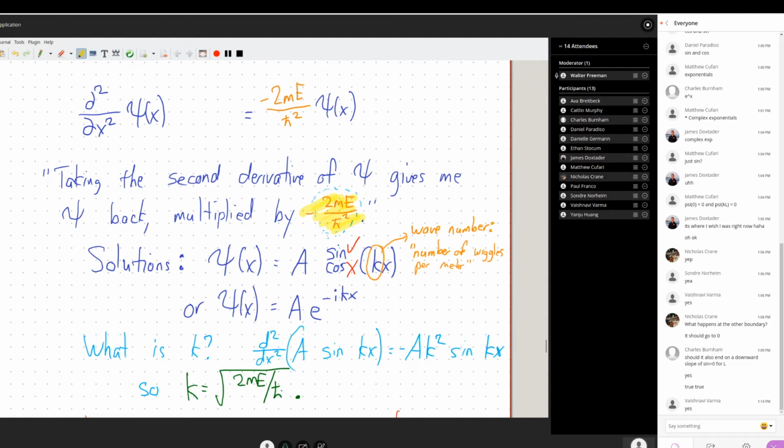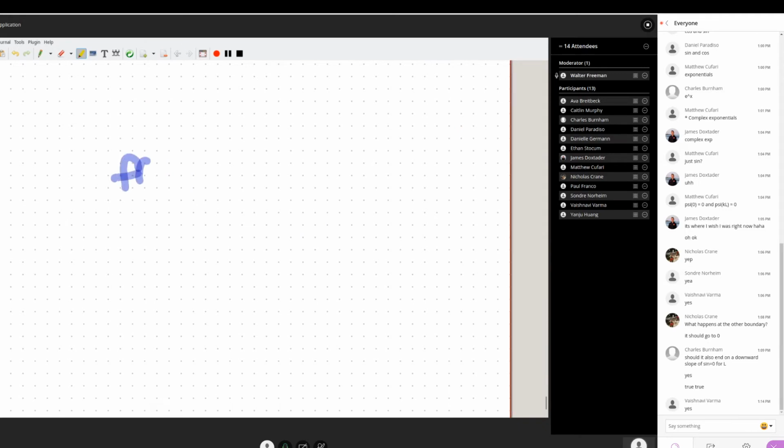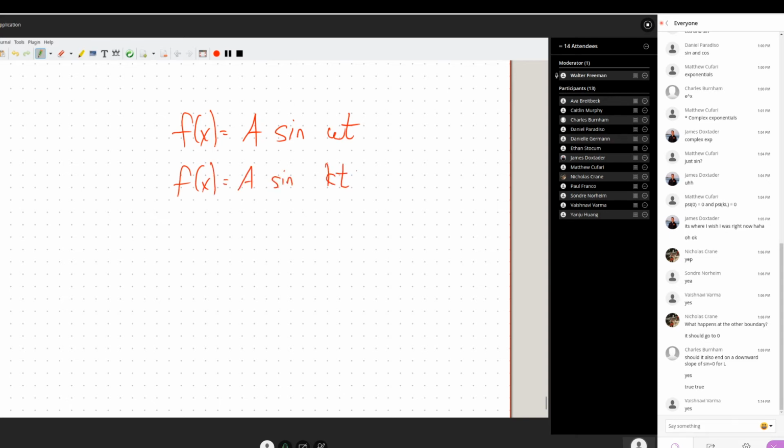A generic sine is amplitude times sine of something times x, right? So you've often seen generic functions like f of x equals a sine omega t, or f of x equals a sine kt. This is like a generic sine.